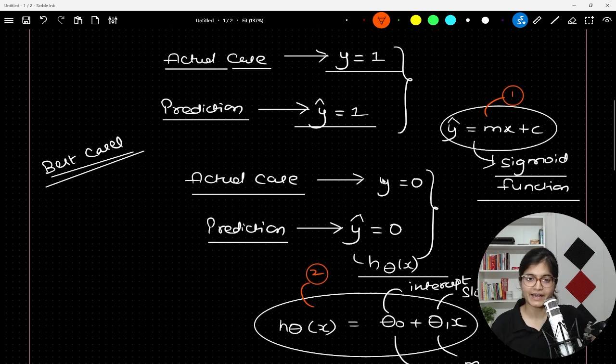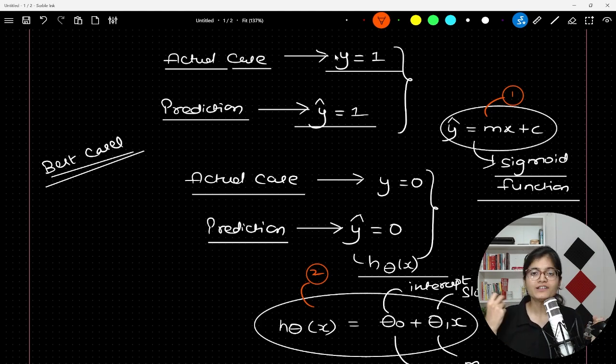This is the best case scenario where our actual data and the predicted data exactly match. But you know that it's an ideal case scenario, and in practical terms, when we are dealing with real time data, the chances of this can be good, but it cannot be 100%, right? There will definitely be an error when we deploy our model.